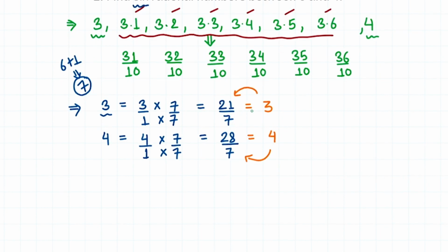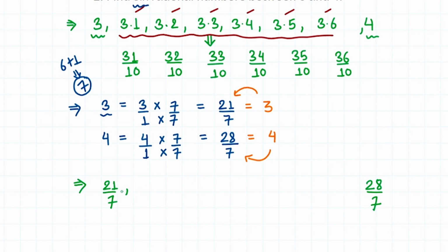Now, why do we need to write these numbers 3 and 4 like that, right? Because it makes it easy to find the rational numbers between this 3 and 4, okay? So we can write the 3 as 21 divided by 7, right? And we can write the 4 as 28 divided by 7. Now, what we can do is, we can increase the numerator serially, okay?